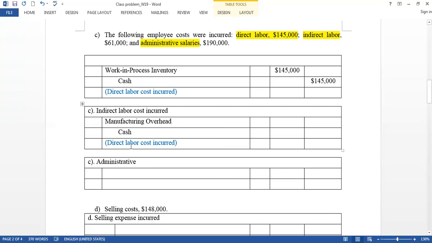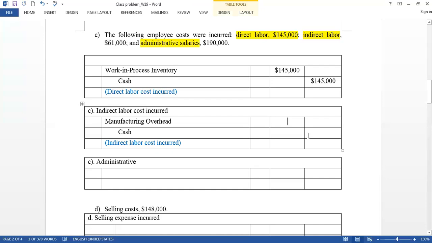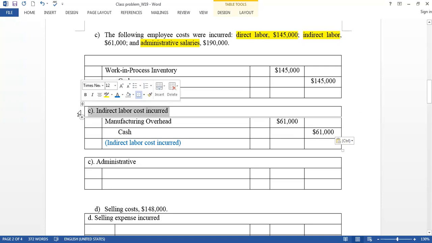So manufacturing overhead debit, cash. The question said that it is already paid in cash, so cash credit. So indirect labor cost incurred. And how much indirect labor cost? $61,000. So indirect labor cost done.